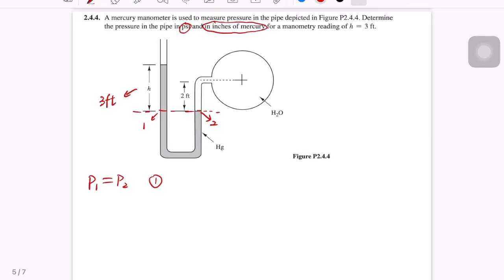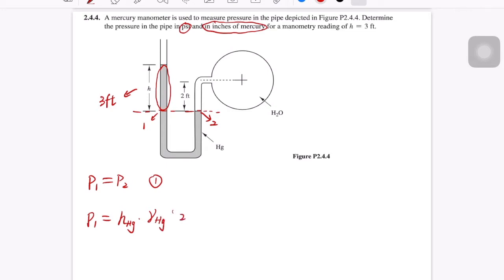For the open manometer, the pressure at point 1 is exerted by the weight of the mercury column above point 1. So we can write the second equation for this problem, that P1 equals height of mercury times specific weight of mercury.